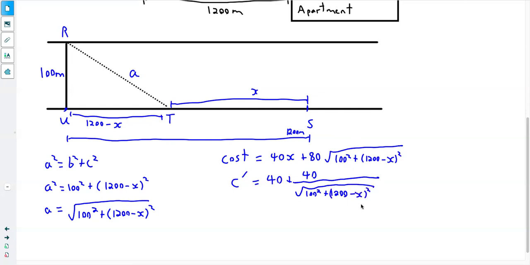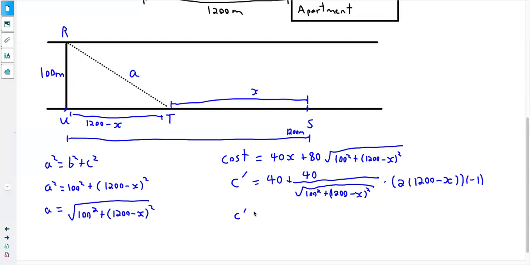And then we have to take the derivative of this, so times 2 times (1,200 minus X), and then times the derivative of this, so times -1.